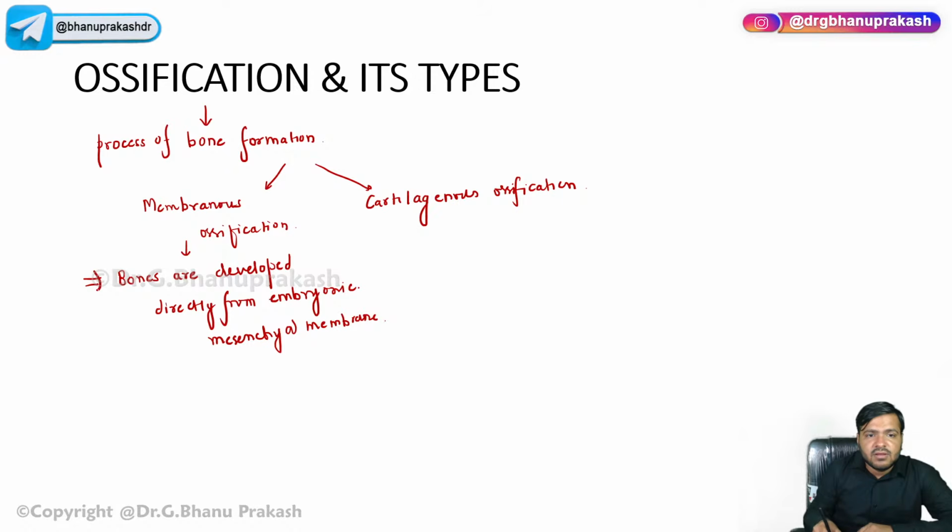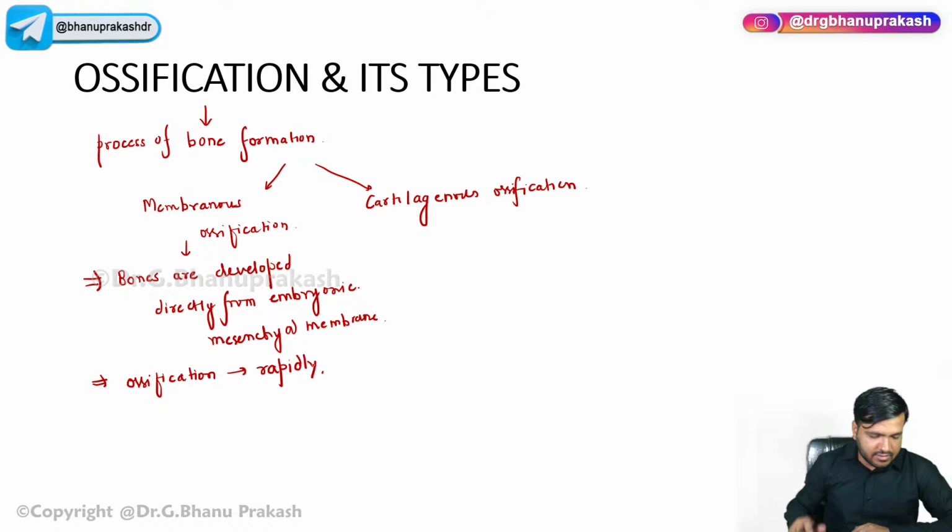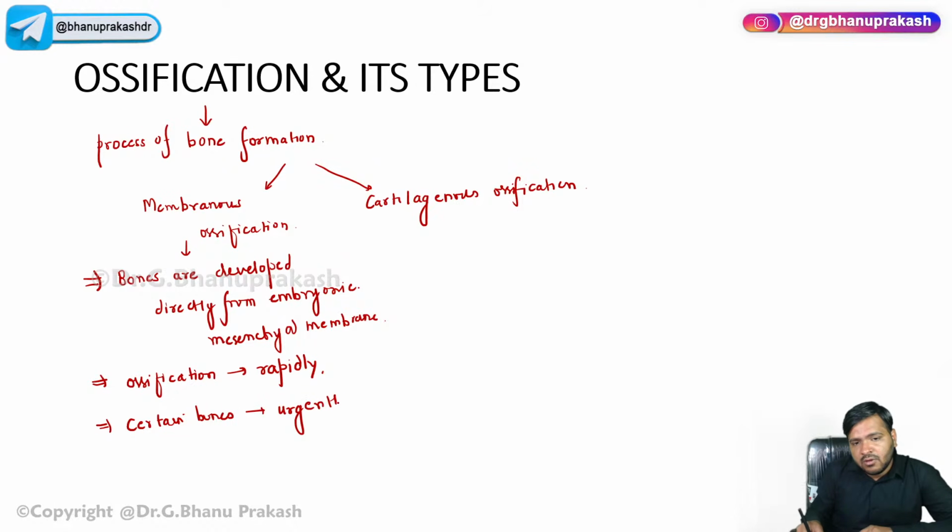Even this ossification occurs rapidly. Very, very important point that you can note over here. This ossification occurs very rapidly, and it occurs in certain bones which are urgently required for support and protection of vital organs.